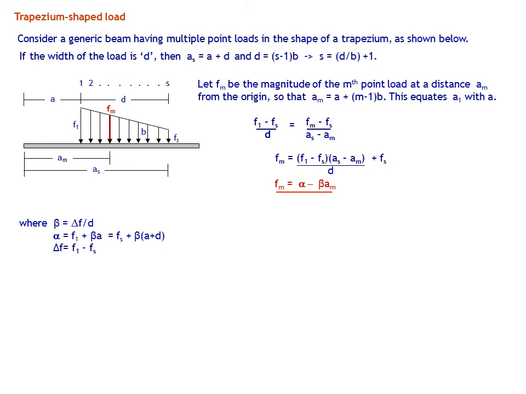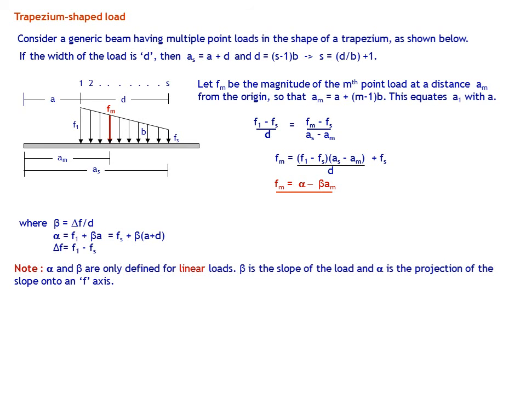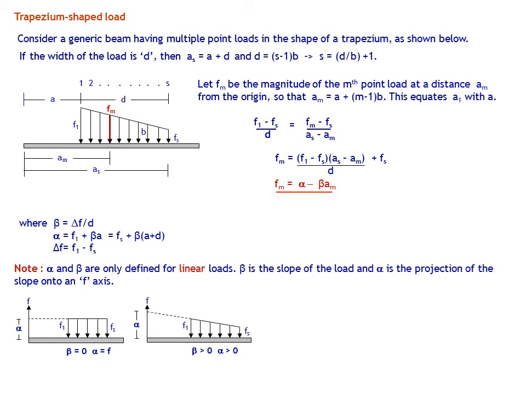If beta is the slope of the load, alpha is the projection of the slope onto an f-axis. For a uniform load, as we just saw, beta is equal to 0, and alpha is equal to the magnitude of any of the loads, which we can call general f, which will be positive. So when beta equals 0, alpha is positive.